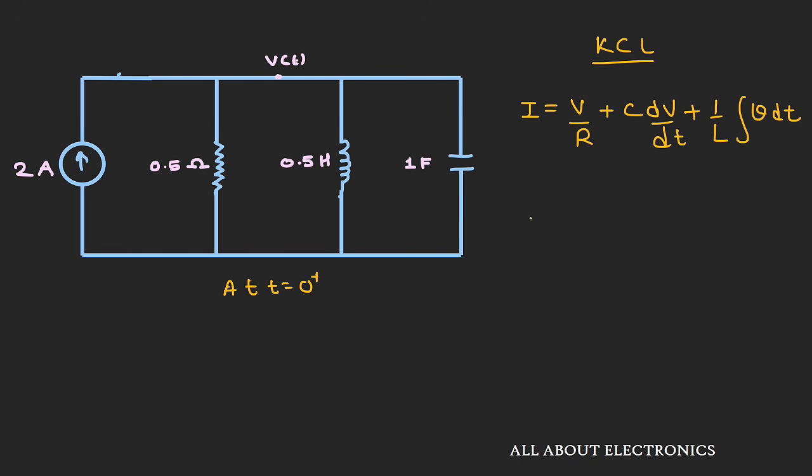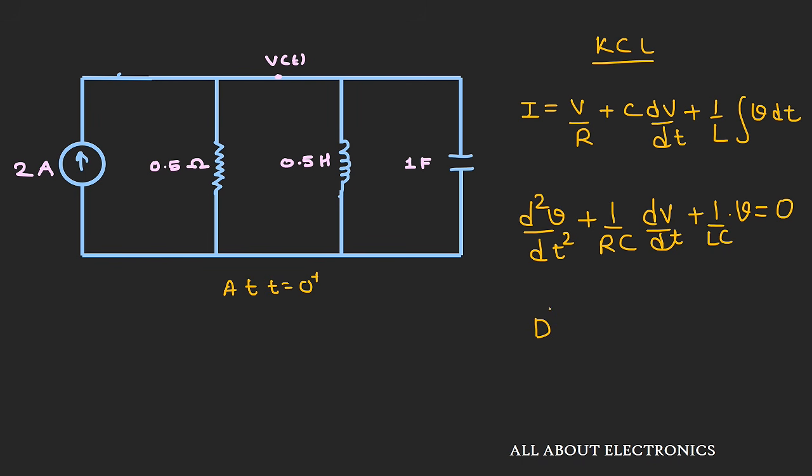And if we simplify it, then we will get d square V by dt square plus 1 over RC dV by dt plus 1 over LC into V, that is equal to 0. The characteristic equation is d square plus 1 over RC into d plus 1 over LC, that is equal to 0.